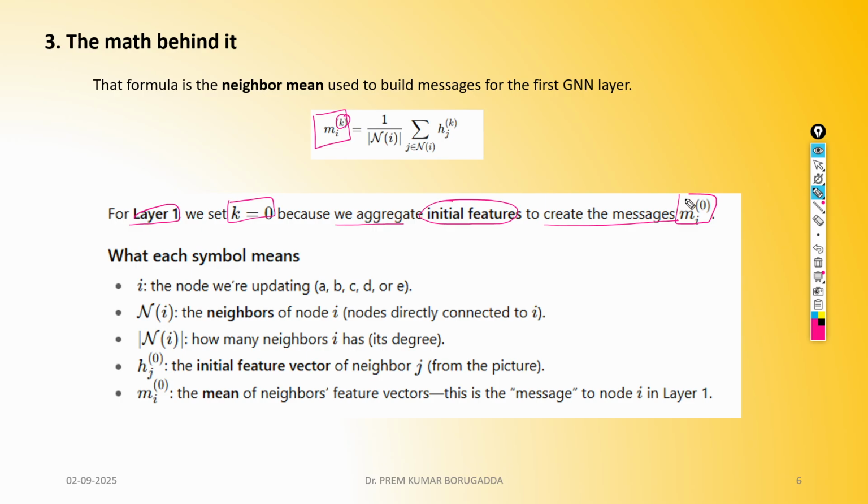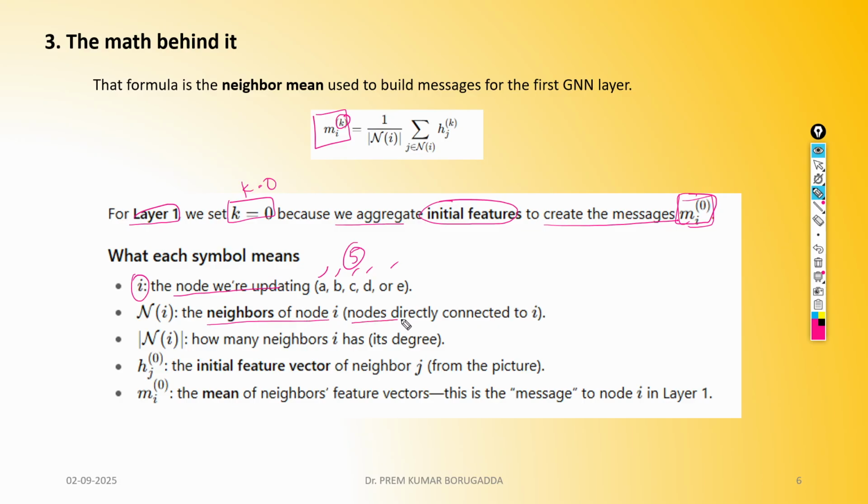So for creating m_i, we initialize the feature vector with k equal to 0. In this notation, what does i mean? i means the node we are updating. Which node are we going to update? A, B, C, D, E. Among the 5 nodes, which node we are going to update, that is i. N(i) means the neighbors of node i.